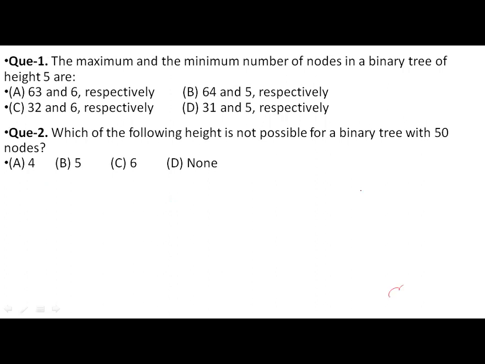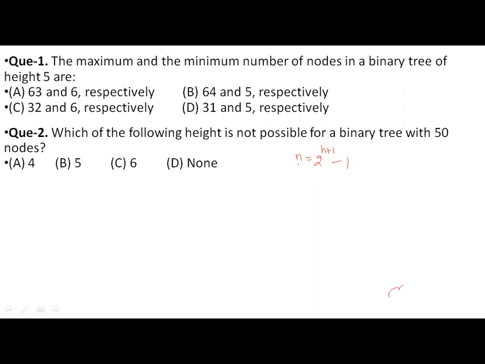Right. So as per our formula, what is the maximum number of nodes for a given height? N is equal to 2 power of h plus 1 minus 1. If you take this minus 1 to this side, the n value is given, 50 nodes.